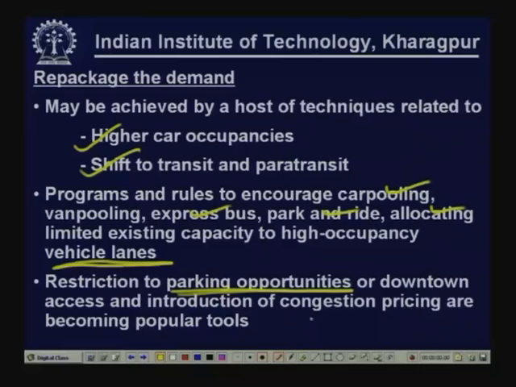These are all indirect ways and means to encourage people to use the mass transportation system or some sorts of repackaging facilities like carpooling, van pooling and other things. So, congestion pricing also could be taken as an instrument to encourage this kind of achievement.